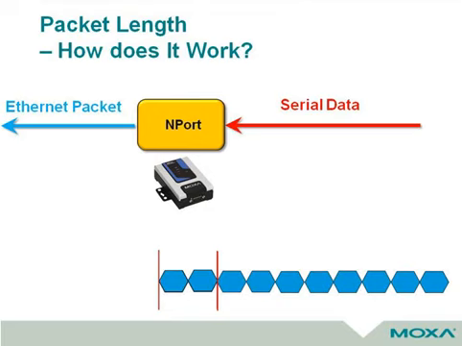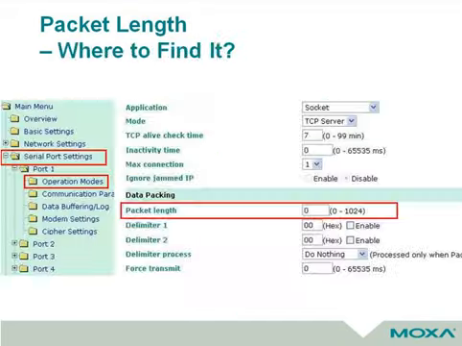Here is a simulation. When NPort receives data from the serial port, the packet length function will send it out to the Ethernet every 2 bytes. Also, you can configure the function via Web console. Just go to serial port settings, operation modes, and set the packet length.